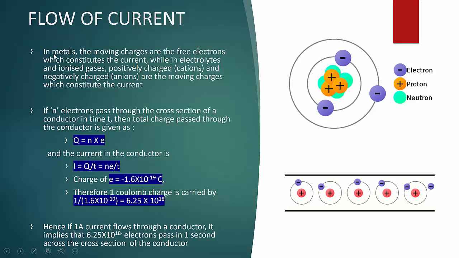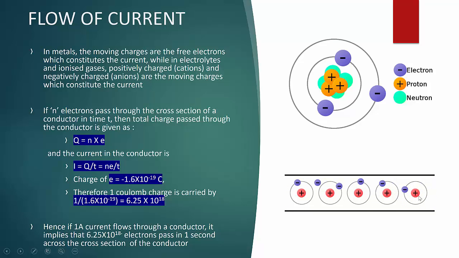In metals, the moving charges are the free electrons, which constitute the current, while in electrolytes and ionized gases, positively charged cations and anions are the moving charges which constitute the current. Now suppose in the diagram below, we can see a part of a conductor.